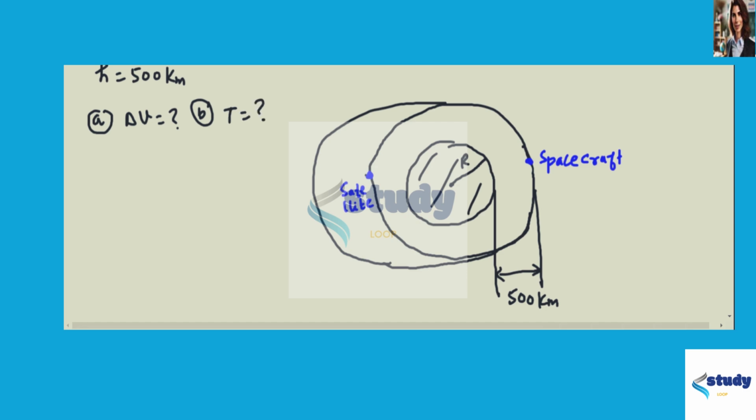Let us start solving. As you know, for Earth, the radius is 6.37 into 10 to the power 6 meters.